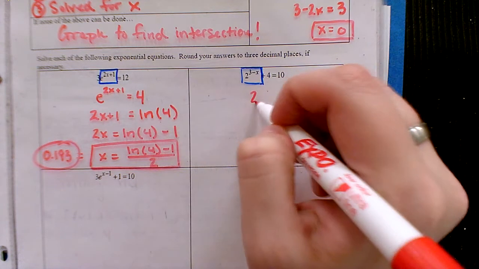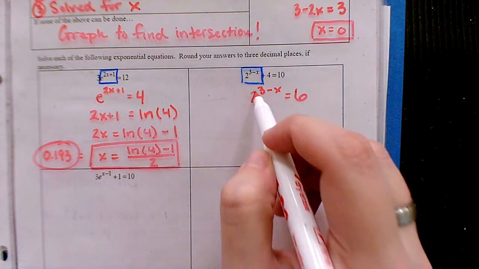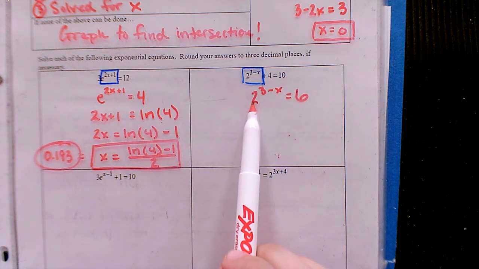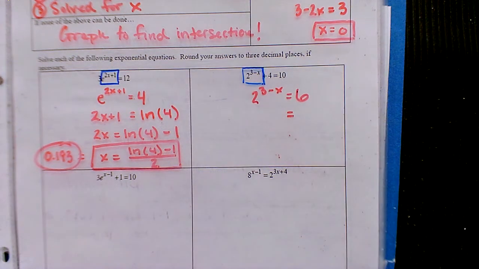So let's subtract over the 4. All right, so now we want to convert it to a log. We're going to move the base of 2 to the other side. So what's that going to look like?